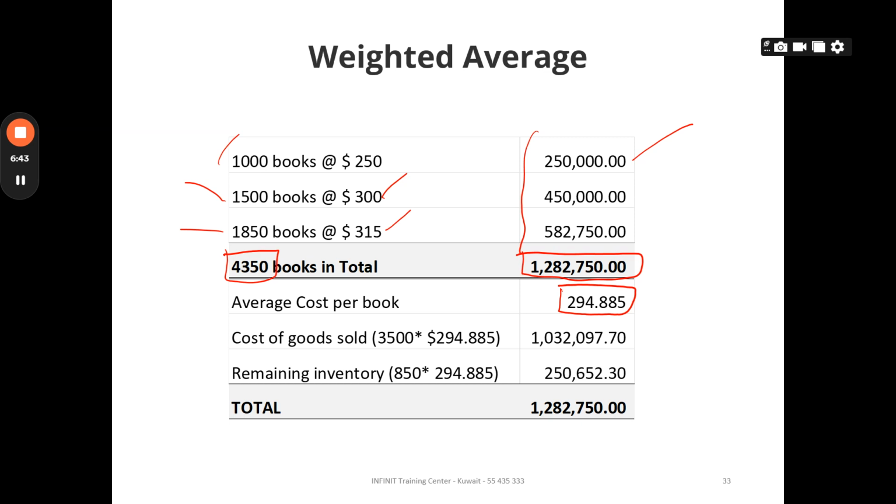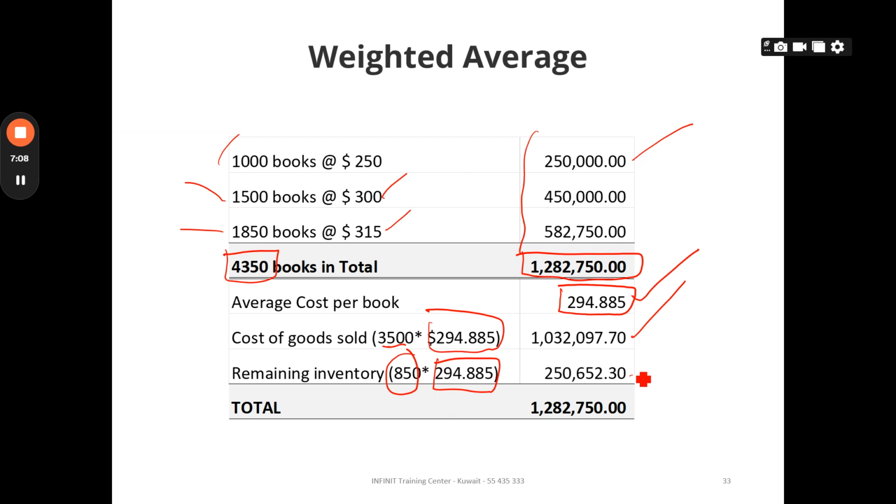Okay, now when you are selling it off, this is the cost you are going to consider. So when I sold 3500 units, I will multiply that with 294.885, and this is going to be the cost of the goods sold. And how many units are there now? 850 units. Again, multiply that with the average cost.